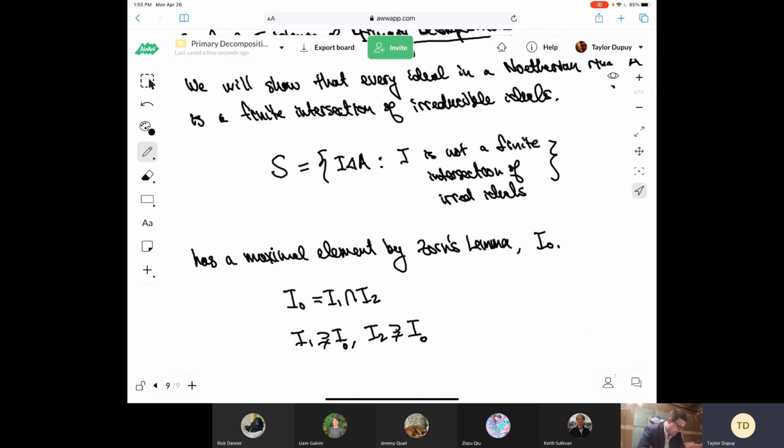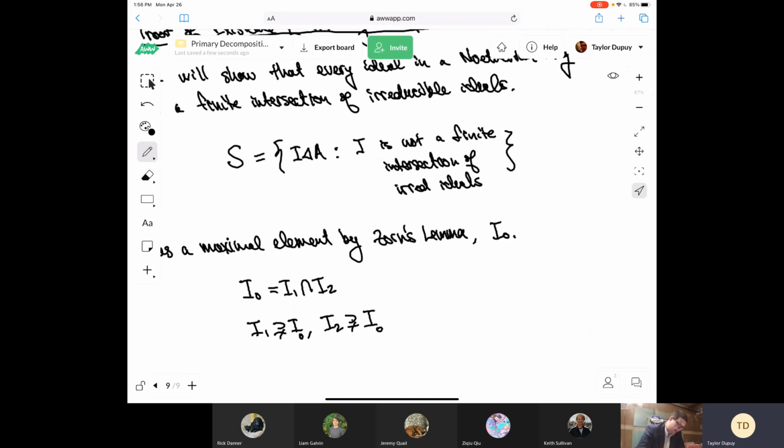So what are we doing here? So if we had this property and we had either one of these containments, then that would show that I0 would be irreducible, which would mean it would be its own decomposition.